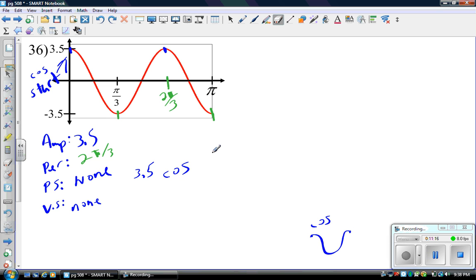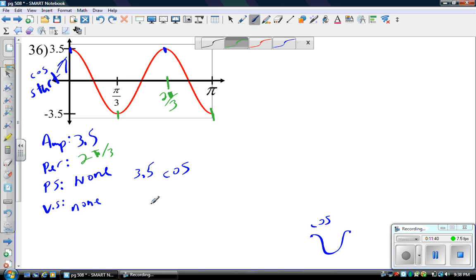Get rid of that. So since there is no phase shift, I don't have to put like t plus anything or t minus anything. There's no vertical shift, so I don't need to put anything back here like +1 or +7 or -2, whatever. All I have to do is figure out what number will go in to give me a period of 2 pi over 3. Remember, that's not the number that goes in.